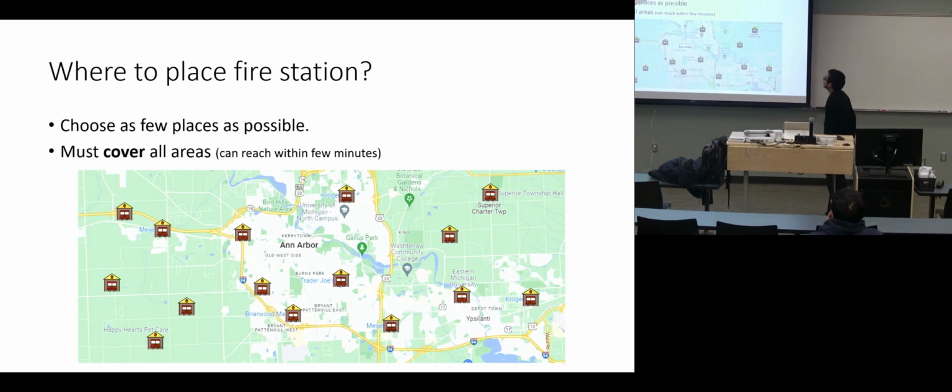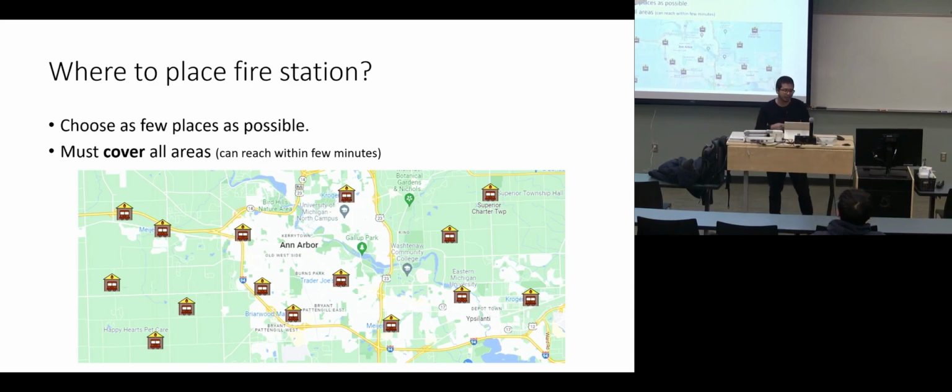Okay, so let's see one scenario, right? Imagine that you have a map, and you are the one who needs to decide where to put fire stations on the map. You don't want to put too many fire stations because that costs a lot of money. You want to put as few as possible. But somehow, every point of the map must be covered by a fire station that you put, in the sense that the fire station can reach that point within a few minutes or something like that.